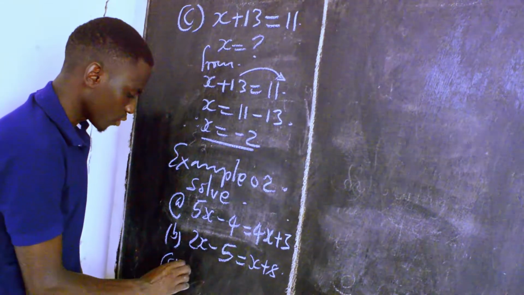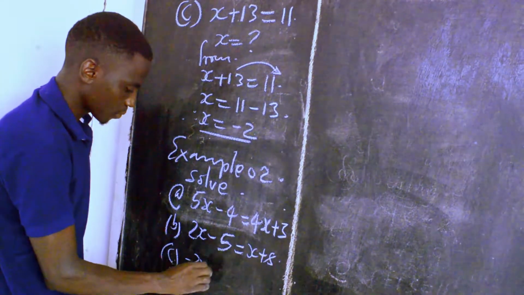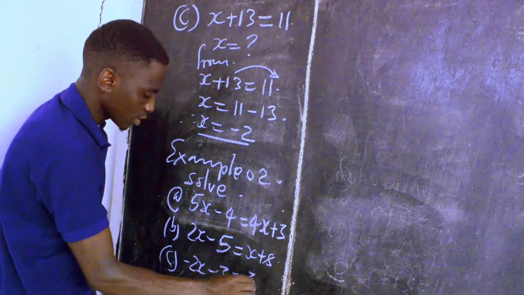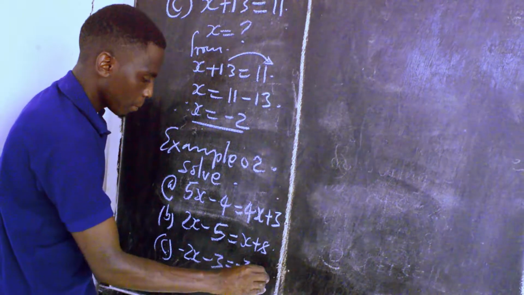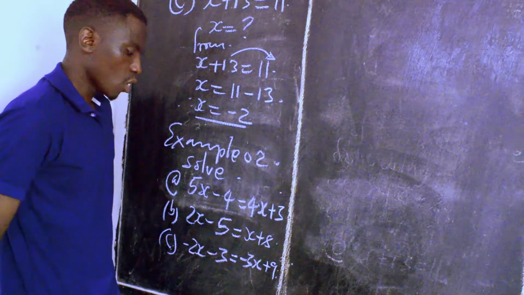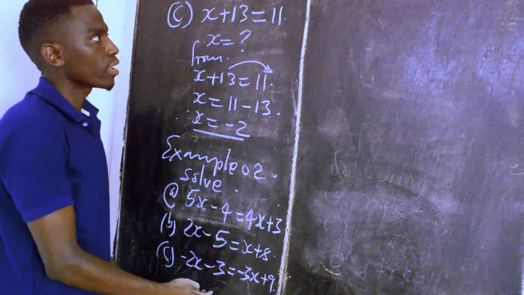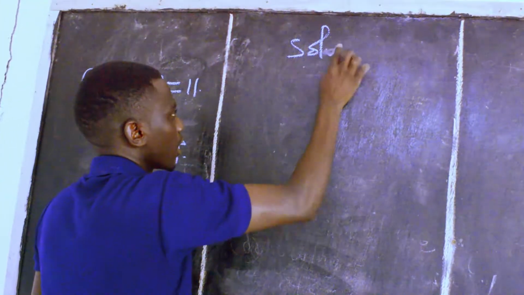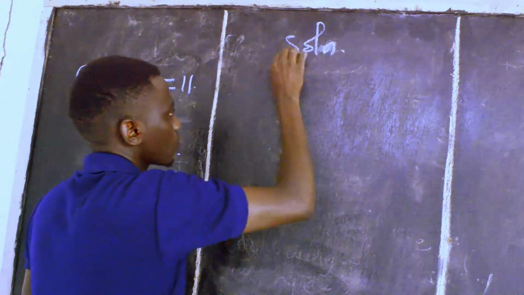And C, we have negative 2x minus 3 is equal to negative 3x plus 9. We have this kind of example here. So let us solve it.